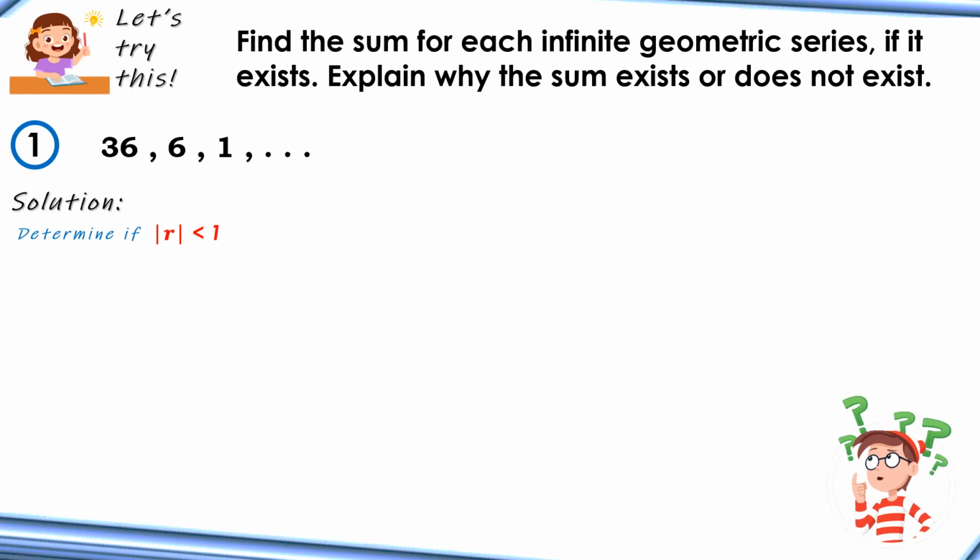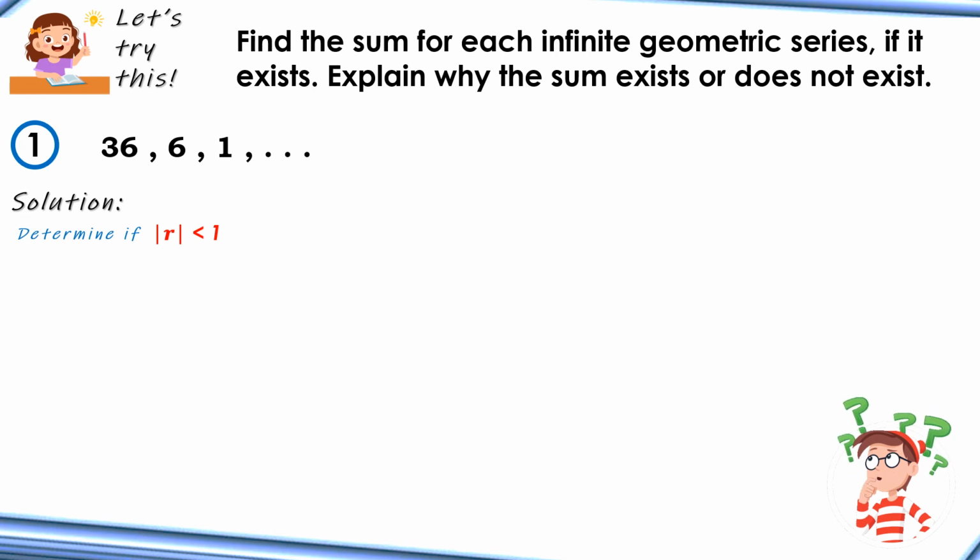So kapag the absolute value of the ratio is less than 1, ibig sabihin, the sum exists, pwede natin makuha ang sum, gagamitin natin yung formula para makuha yung sum.